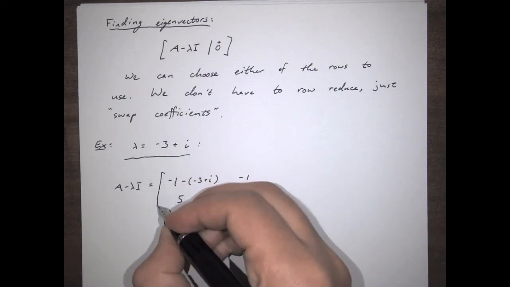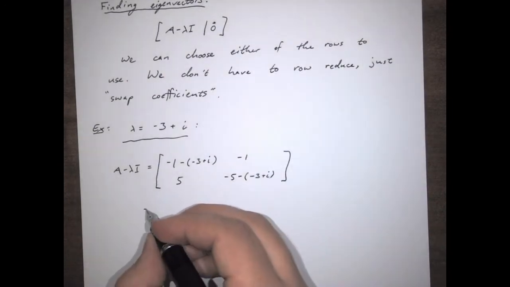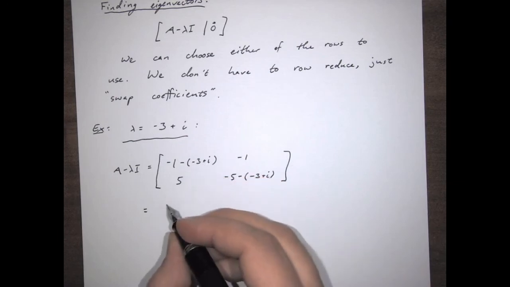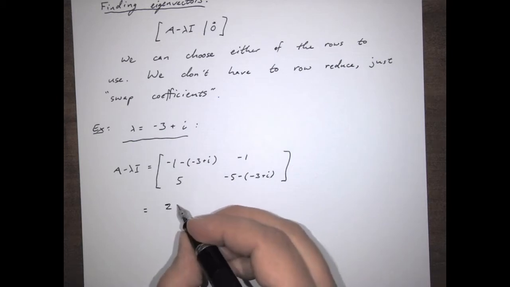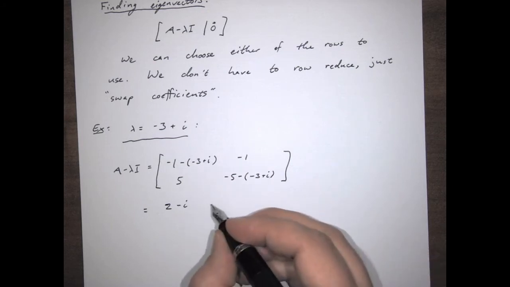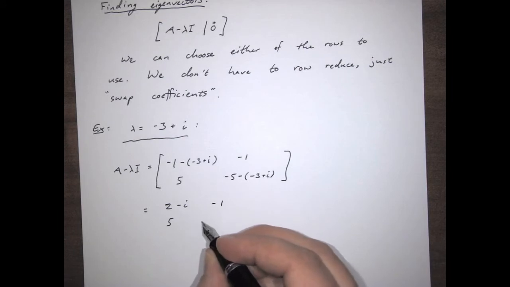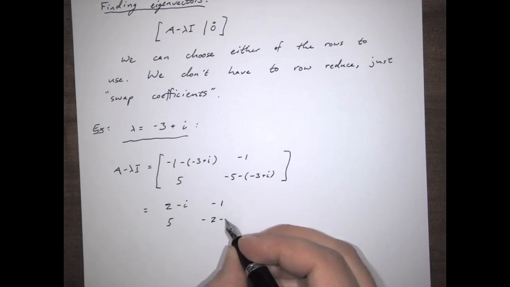And then you would just do a little bit of routine algebra here. So we could just write this as negative 1 plus 3 minus i, which is 2 minus i, negative 1, 5, and then negative 5 plus 3 minus i, which is negative 2 minus i.